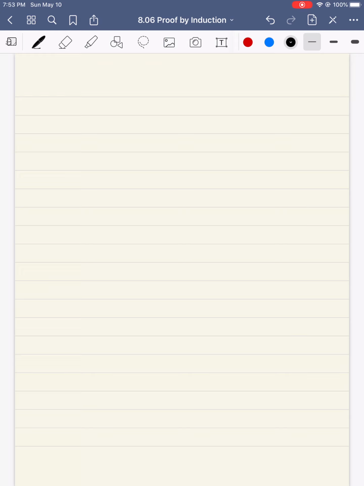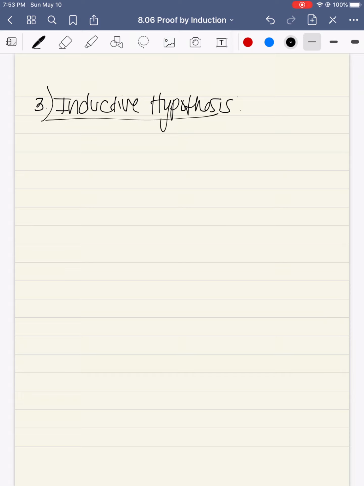The third step is called the inductive hypothesis. This is where we do some sort of reassignment. We've just introduced this variable k. We know that k is a positive integer, and we know that n is a positive integer.